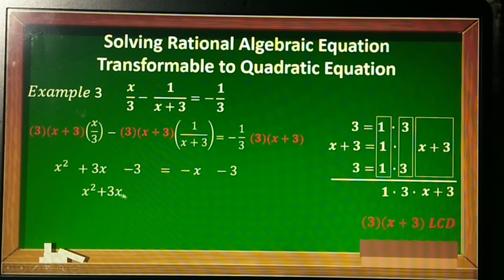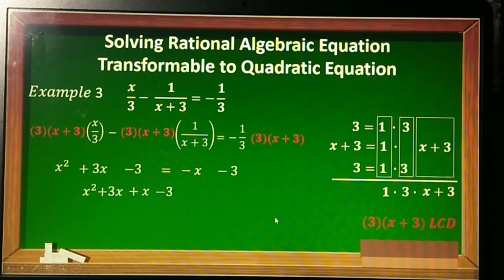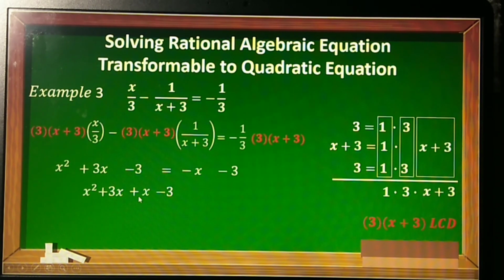Tapos, so, x squared plus 3x. Tapos, meron pa dito isang linear term. Ita-transpose natin siya dito sa left side. So, negative x magiging positive x. Then, bring down natin tong negative 3. Then, meron pa dito isang constant term. Ita-transpose lang natin siya dito sa left side. Negative 3 magiging positive 3 equals 0.